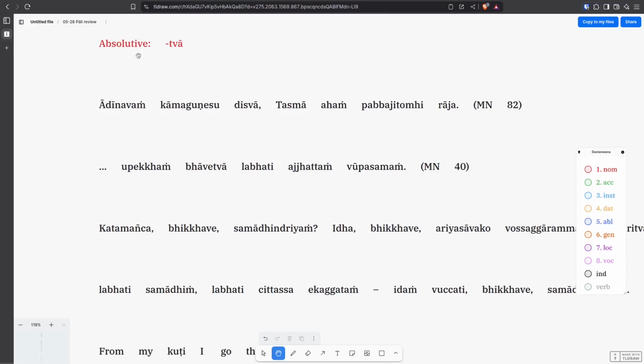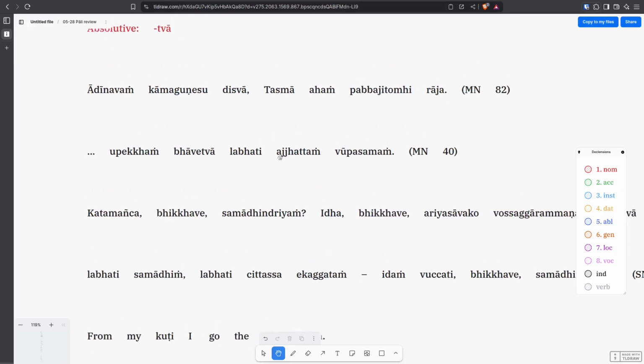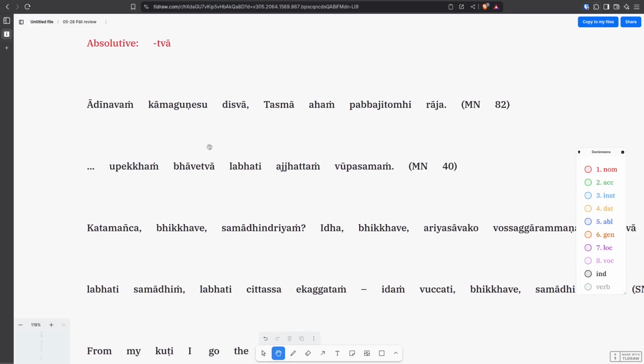Now, you've seen a lot of this absolutive form that you recognize from the -tva ending. We'll look at a few examples here. Venerable Titapanyo, can you read the first one, please? Adinavam kamagunesu disva tasmahaham pabbajito amhi raja. What do you recognize here?